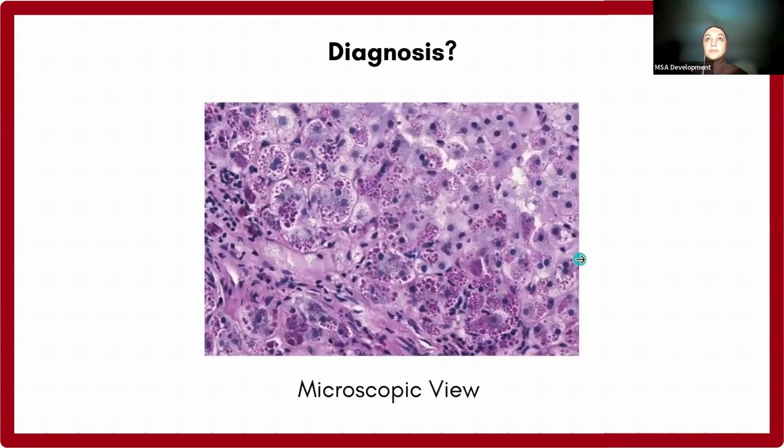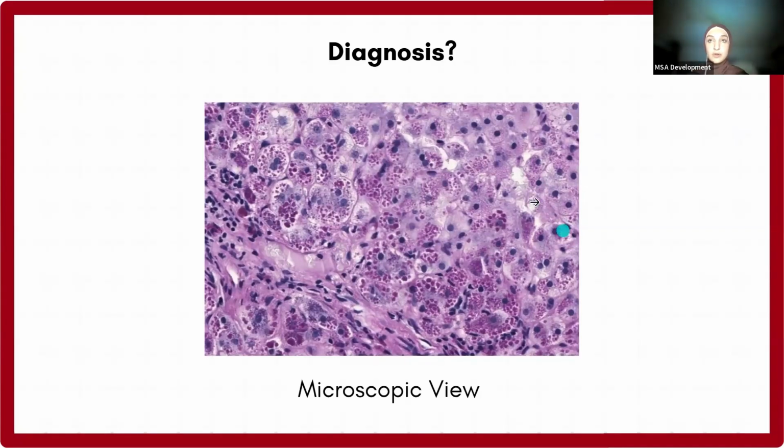Now, this picture over here is related to something that we discussed just moments ago. Exactly, alpha-1 antitrypsin deficiency. Alpha-1 antitrypsin deficiency does not only affect the lungs, it's multi-system. In this case specifically, we're looking at the hepatocytes.